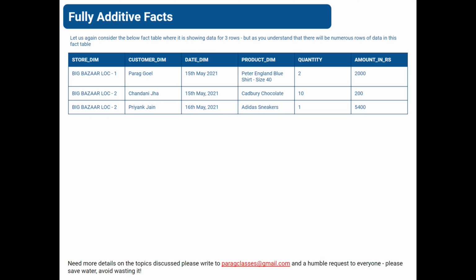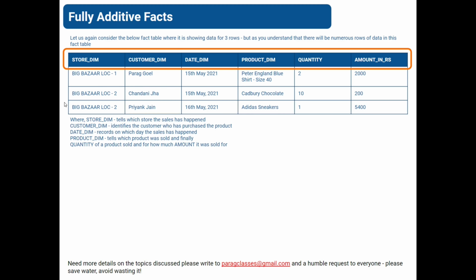Let us again consider the below fact table, where it is showing the data for 3 rows, but as you understand, there will be numerous rows of data in this fact table. If you look at the highlighted columns, these are all the column headers for the rows of data in the fact table. All these columns together tell one record, where the store dimension tells which store the sale has happened from.